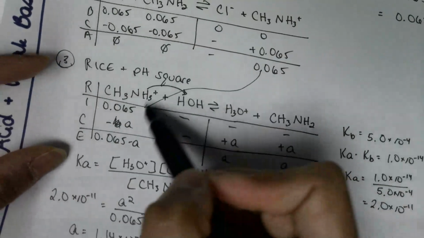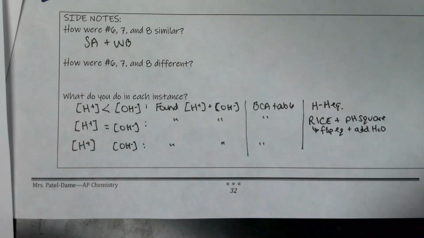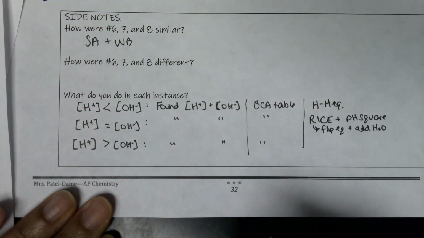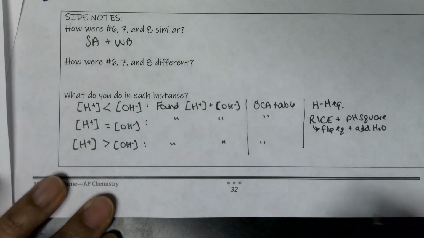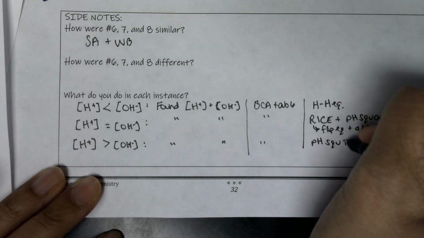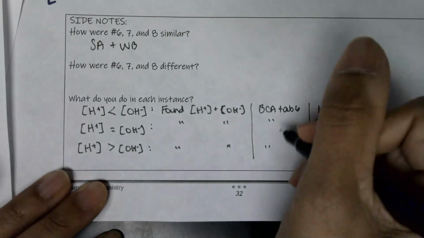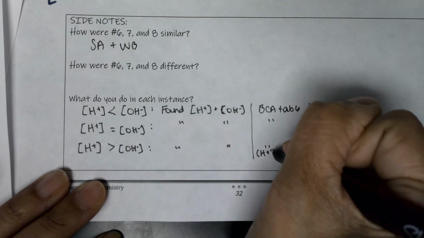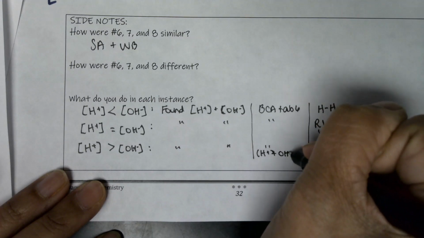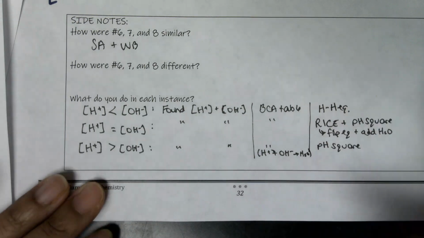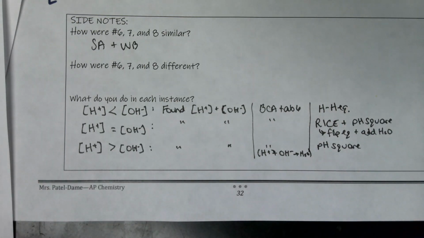So that's what we did here. And then the last one, the strong acid was in excess. So here we could just put it into the pH square. For the BCA table, we had to show the H plus and OH minus. So that might be a little note to make for yourself as well.